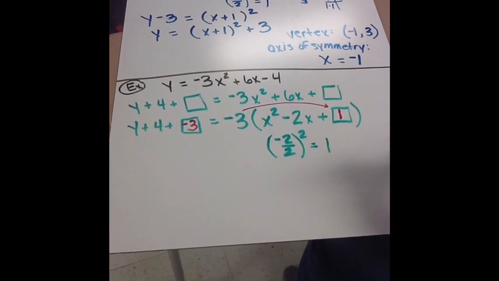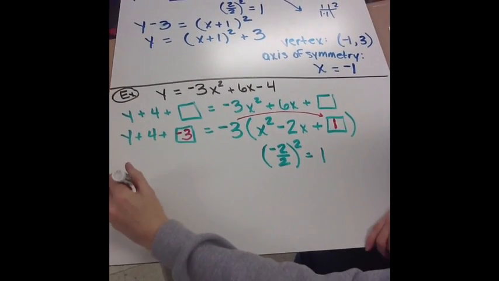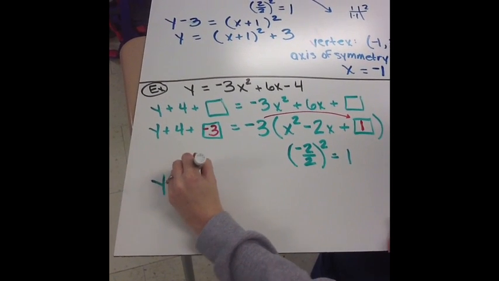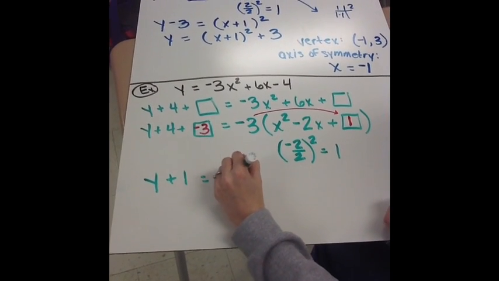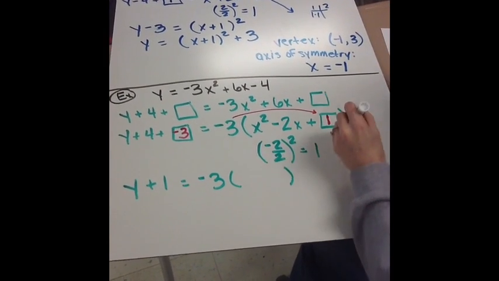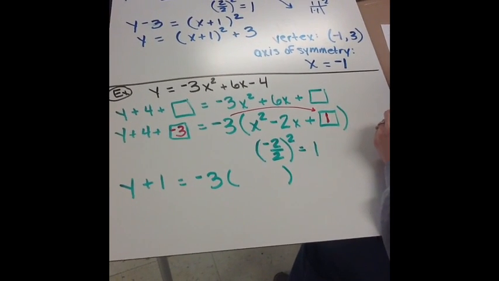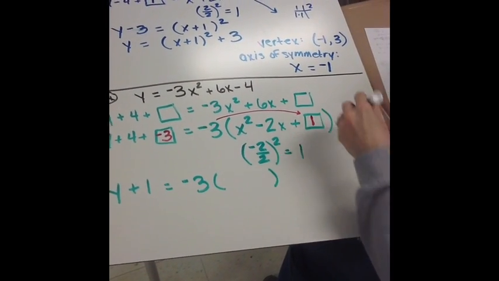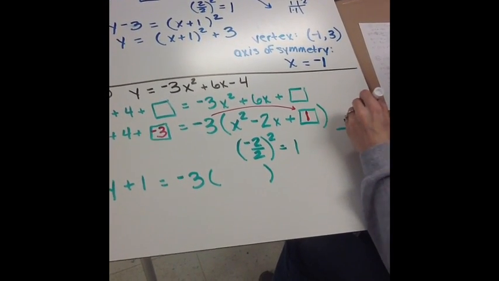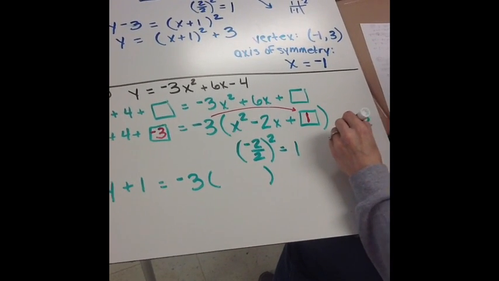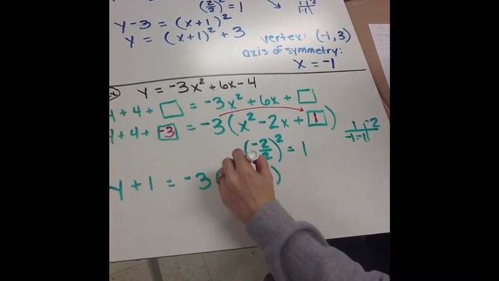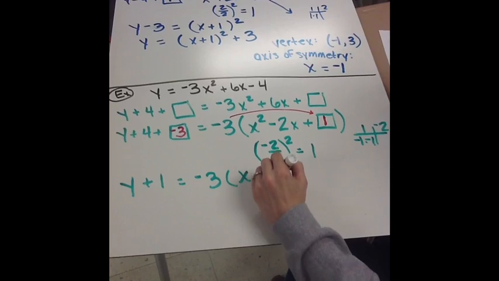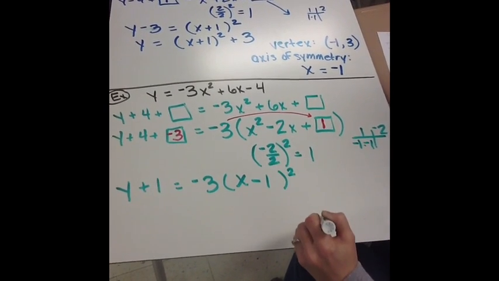Now I'm going to go ahead and finish out my problem. On this side I get y plus 1 equals negative 3, and again, I'm going to do my factoring over here. What multiplies to give me 1 but adds to give me negative 2? Negative 1 times negative 1. So that's my double root, x minus 1 squared.